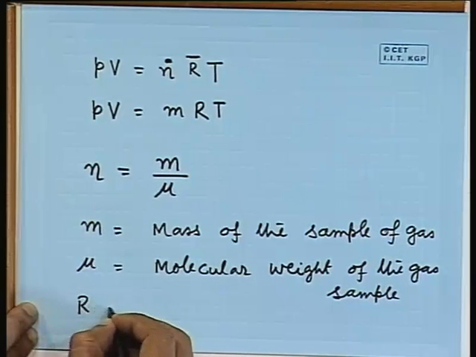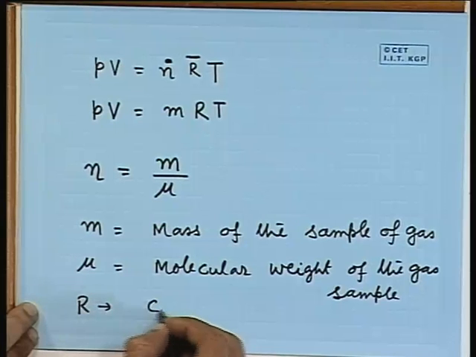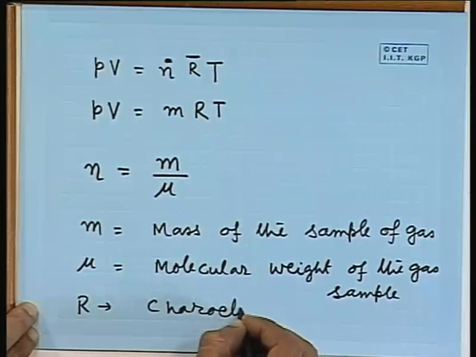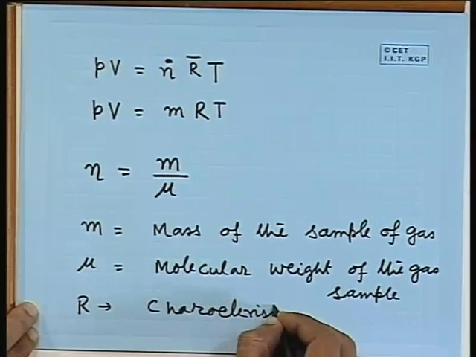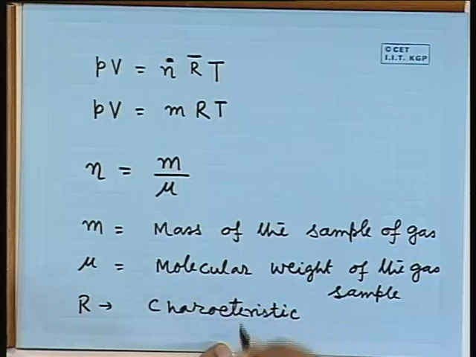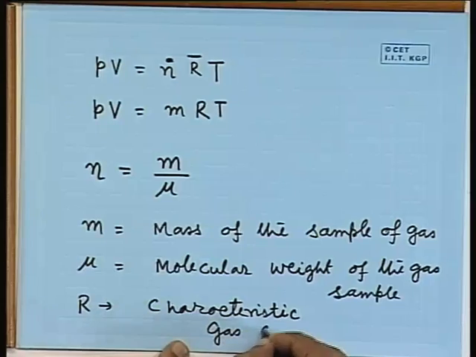R is the characteristic gas constant. This is the characteristic gas constant. So, what we have got, let me write down once again.